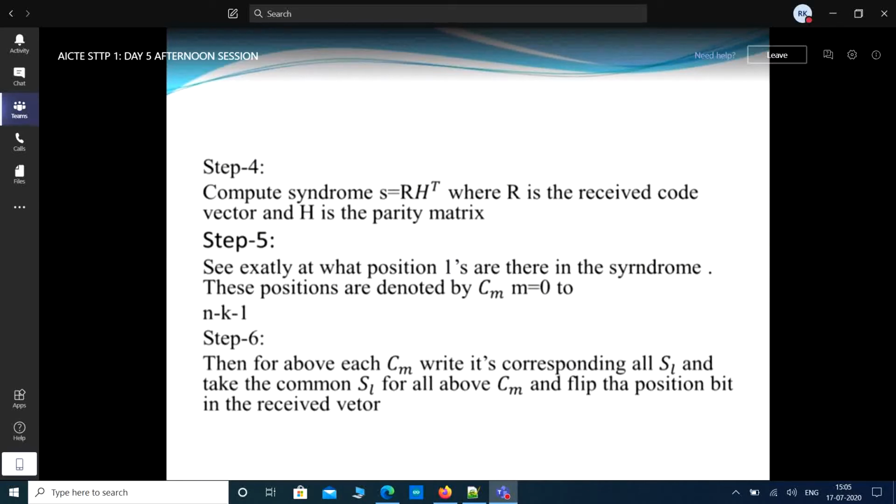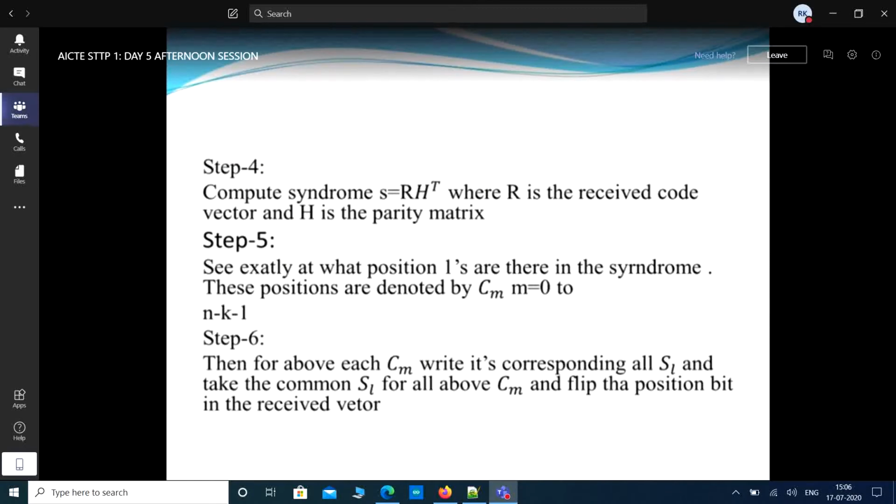Suppose 3 redundant bits are added to the original information, then the syndrome is 3 bits in length. The equation for calculating the syndrome is S equal to R H transpose, where R is the received code vector and H is the parity check matrix.